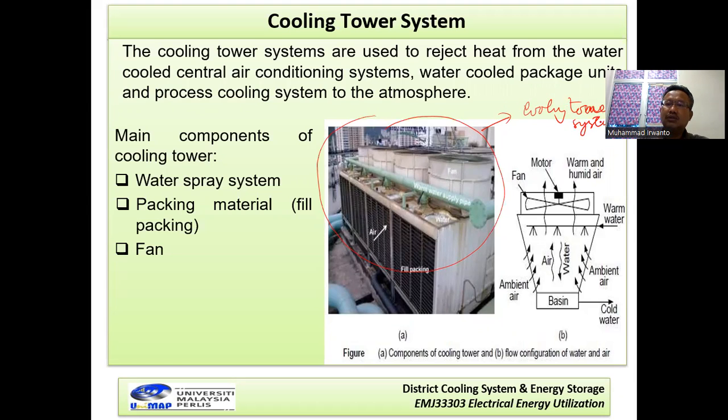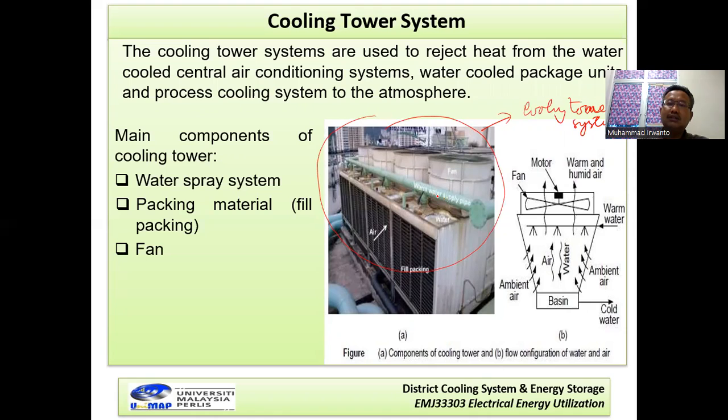Now, this cooling tower system is normally installed on the top of the building of the district cooling system, or on the top of the chiller building. Here we can see one tube, meaning it is the pipe that enters from the condenser of the chiller.